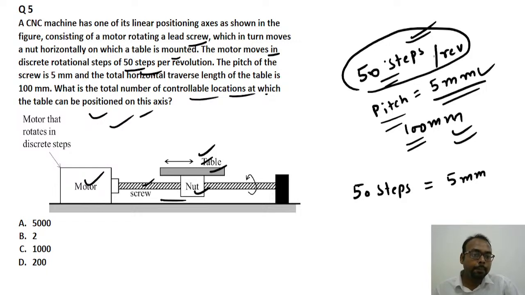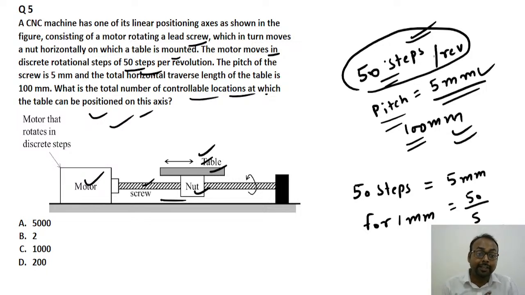So for 1 mm, we require how many steps? 50 divided by 5, that is 10 steps. So to move the table 1 mm, we require 10 steps.